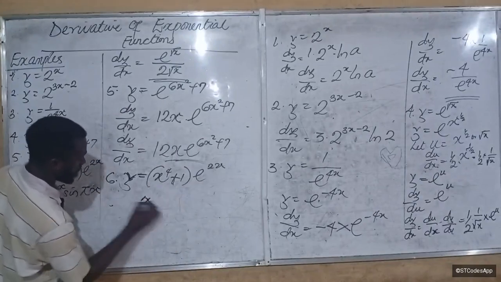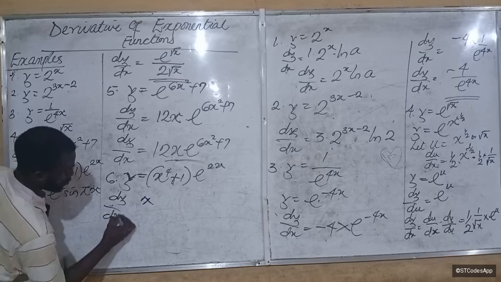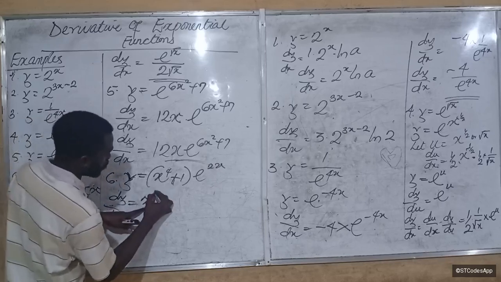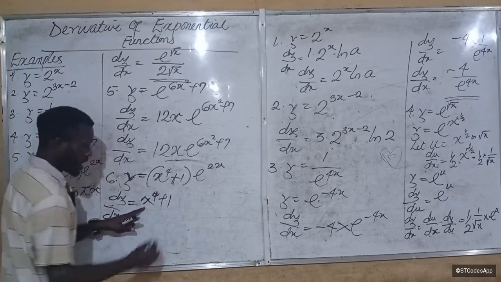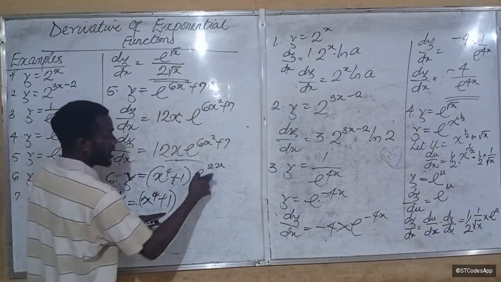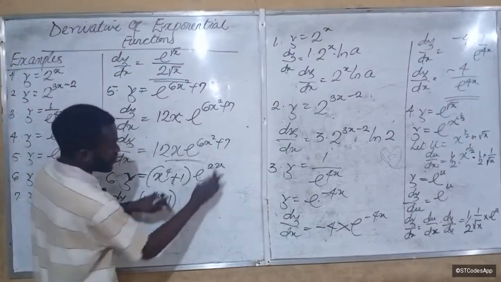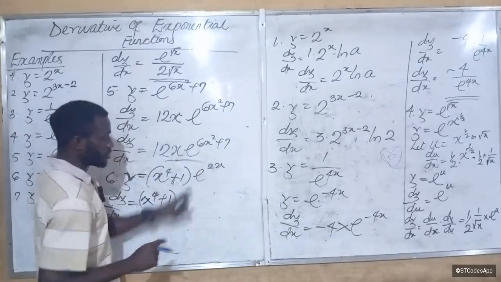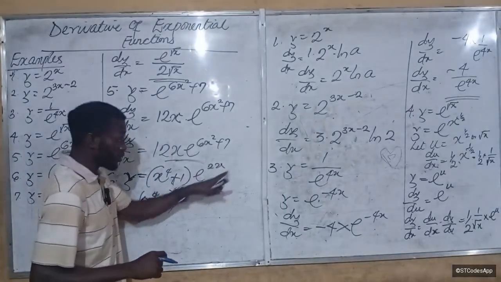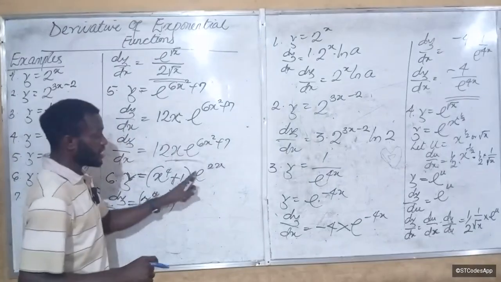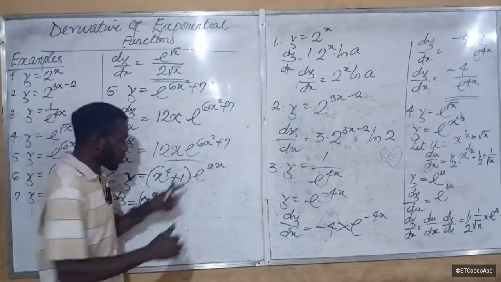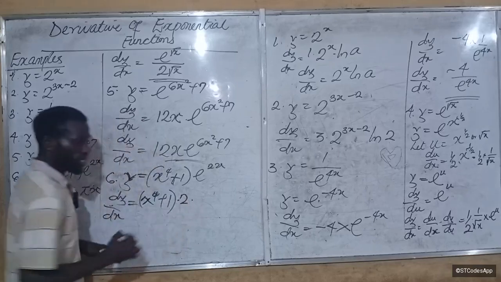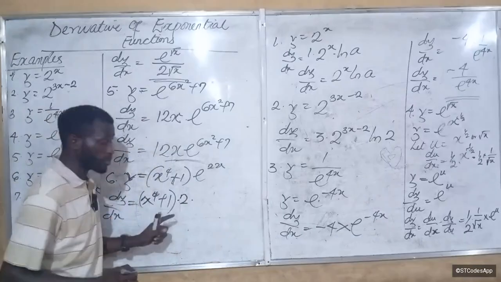If I hold this, dy/dx will be equal to x raised to the power 4 plus 1. I'll hold this and differentiate this. To differentiate e to the 2x, I'm going to differentiate the top first, which will give me 2. Then this dot means multiplication.